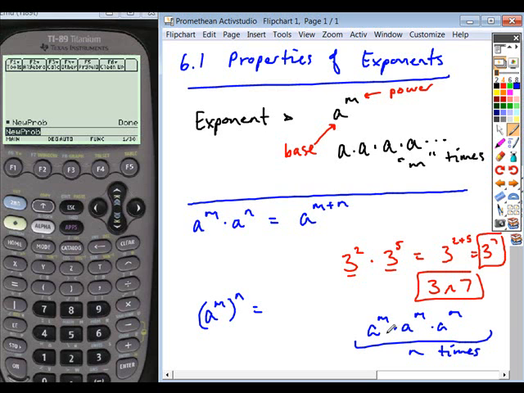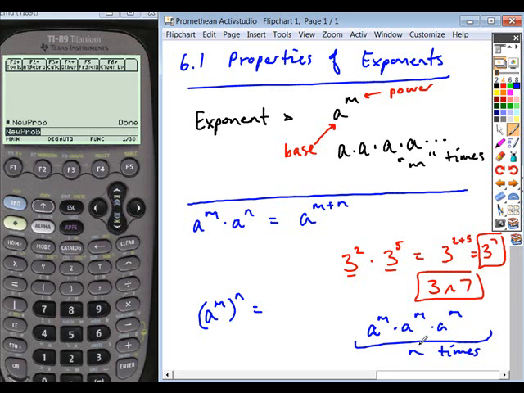And so here, because your bases are the same and you're multiplying, you would add these powers. Adding m to itself n times is equivalent to doing what? If you add 3 to itself 8 times, 3 plus 3 plus 3, 8 times, you could simplify that by saying what's 3 times 8, right?